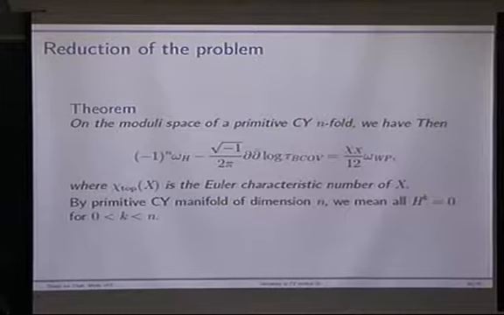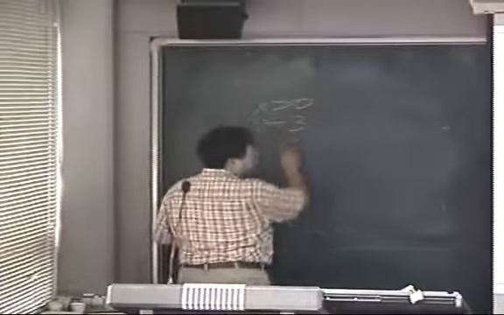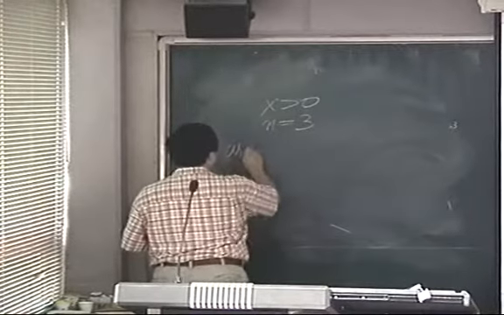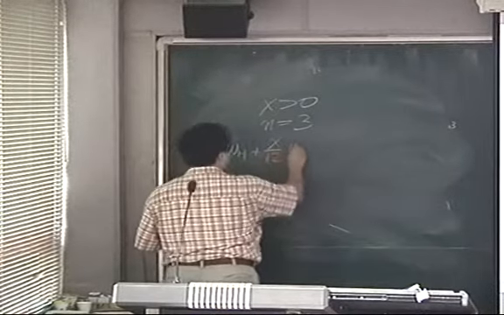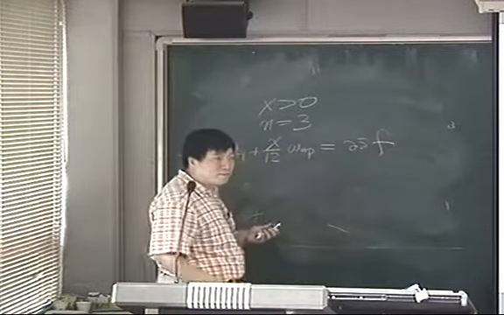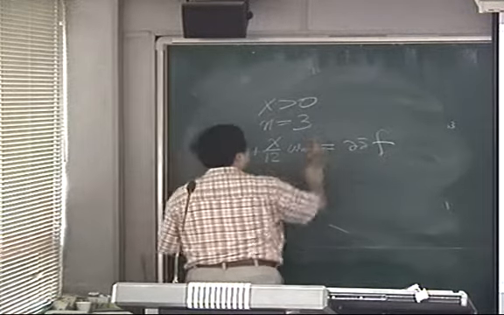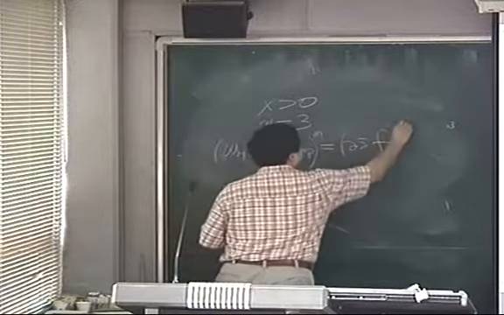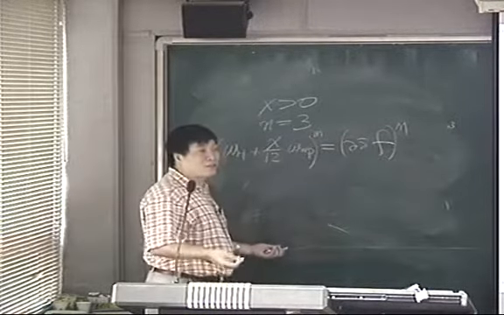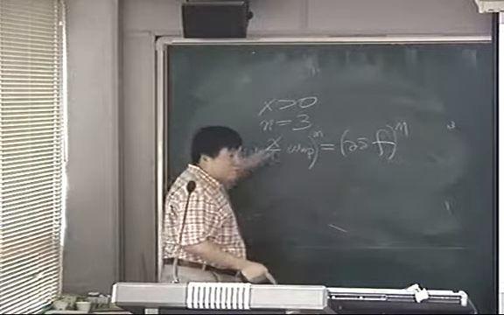Let's assume n equals 3, and assume that the Euler characteristic number is positive. What we have is omega_H plus 12 chi omega_WP equals ddbar of some global function. That's not possible, because suppose the moduli space is m-dimensional and compact; if you integrate both sides, you get that this is positive and this is 0.